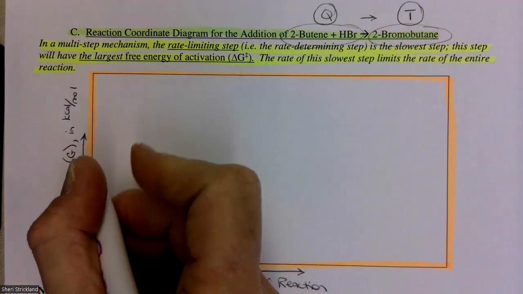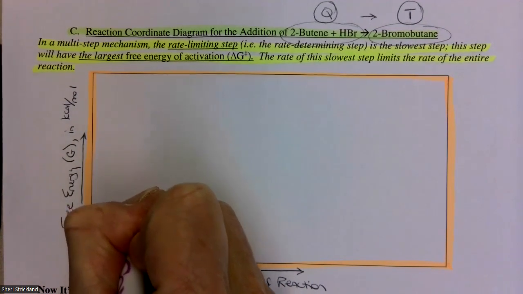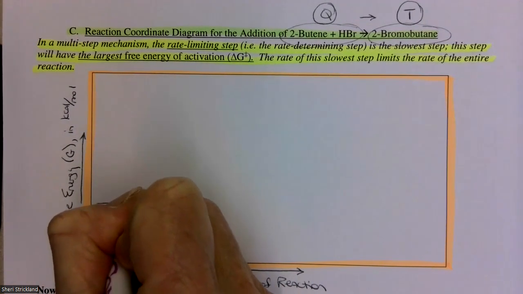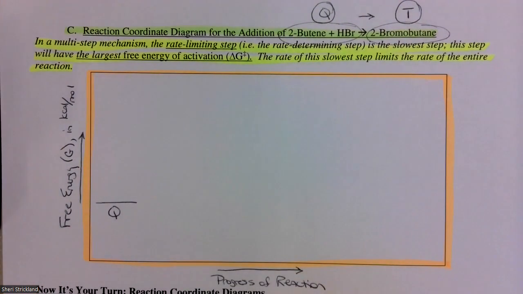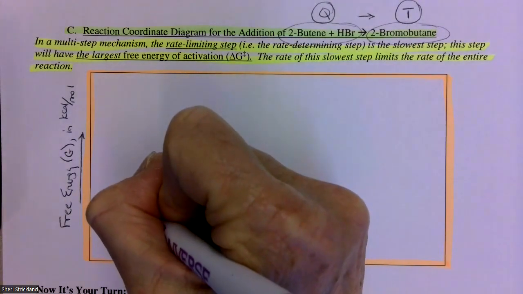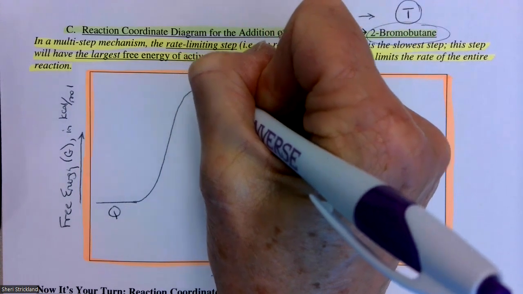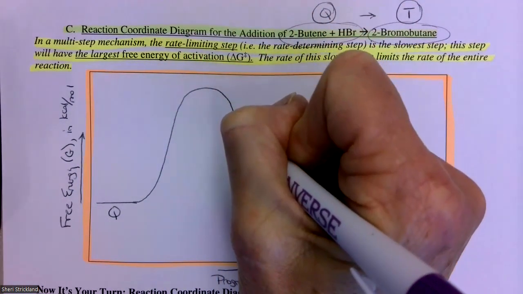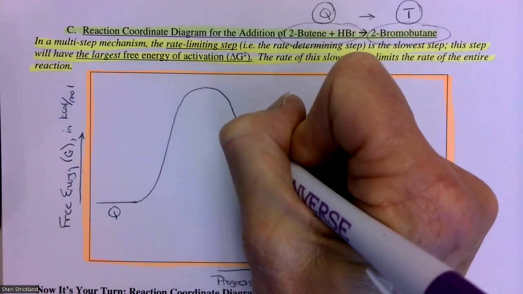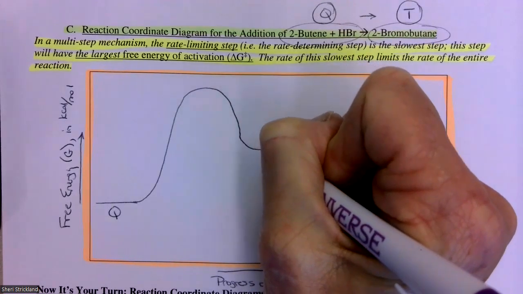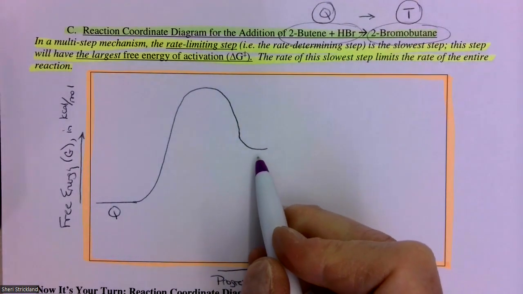So we know that Q was, let's say here, the 2-butene plus the HBr. And we know that in the first step, we broke a couple bonds, we formed a bond, and overall, there was more energy consumed than released. So the intermediates were less stable.